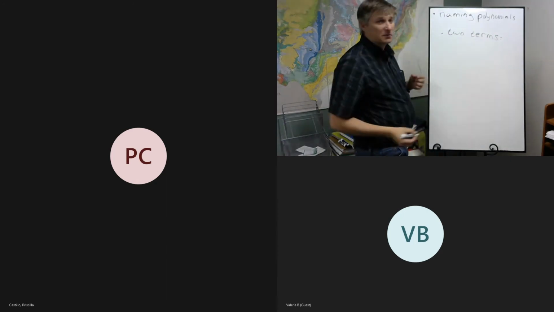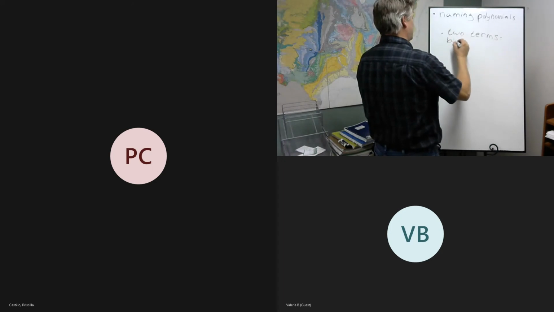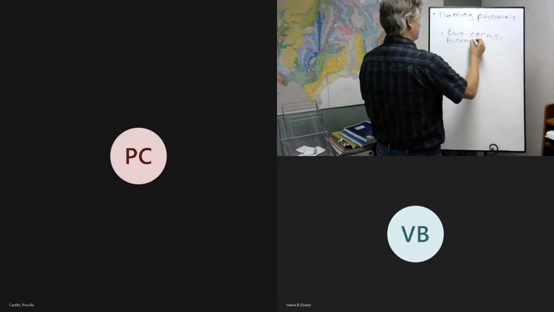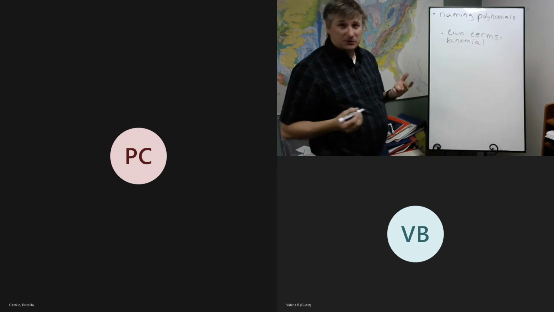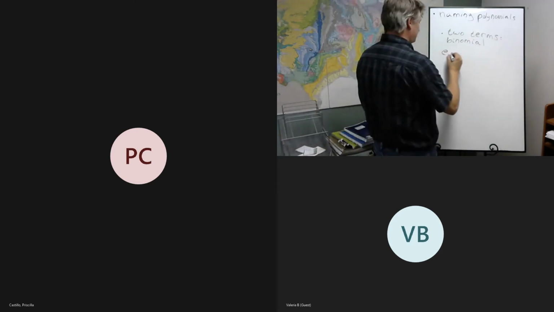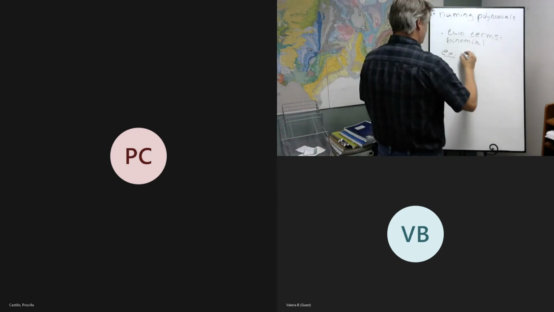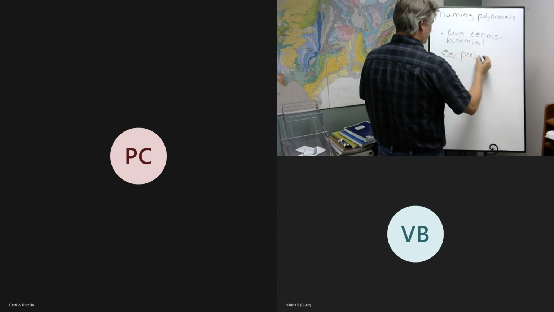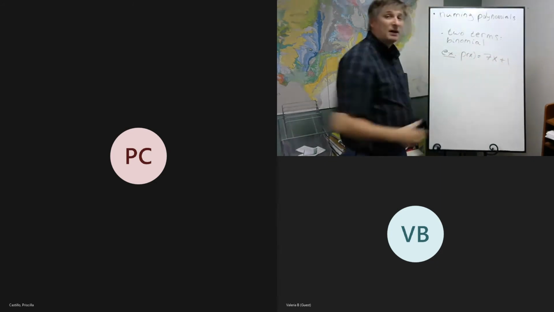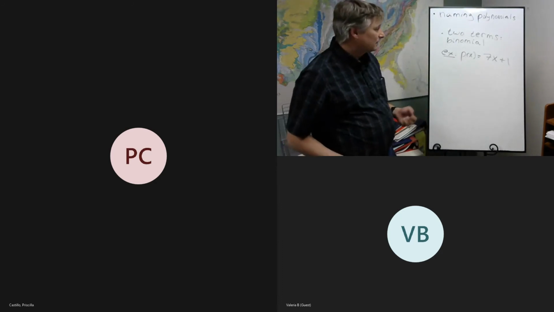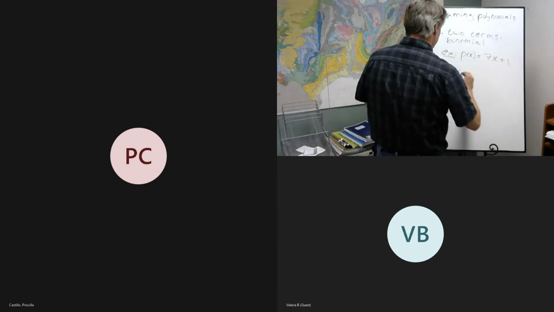If we have two terms, it's a binomial. So, for example, again, we've got two terms. Or we can have this.